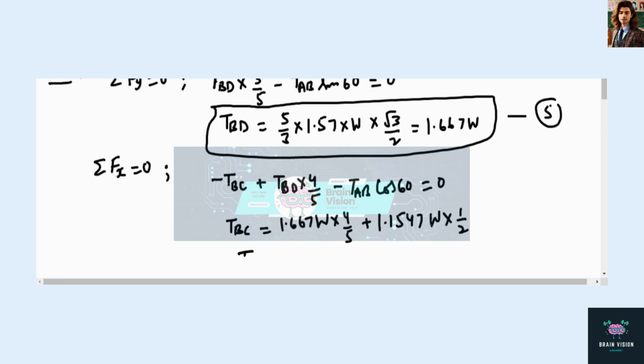On solving, you will get this value to be 1.9707.